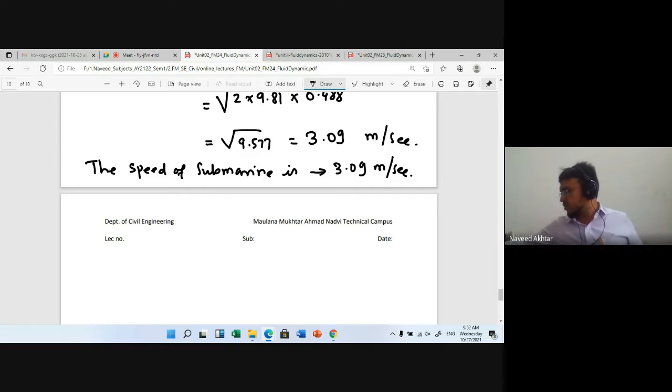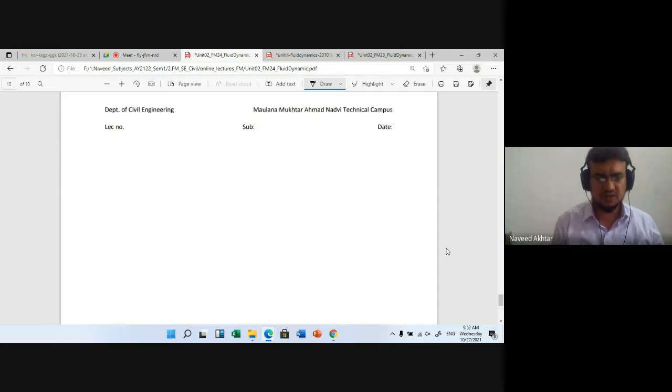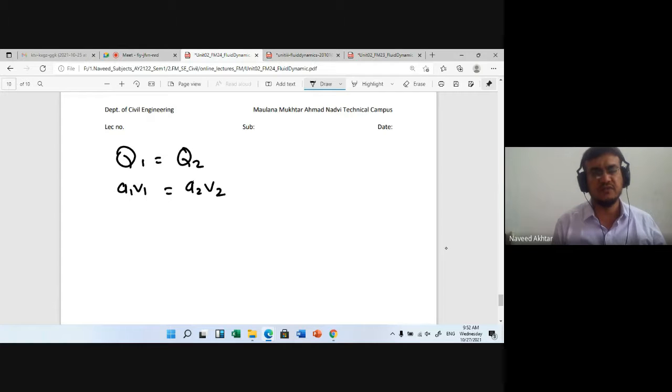I think you understand these examples, very simple. You have to use the continuity equation, Q1 is equal to Q2, that is A1 V1 equals A2 V2, area of cross section at 1, velocity at 1, area of cross section at 2, velocity at 2.